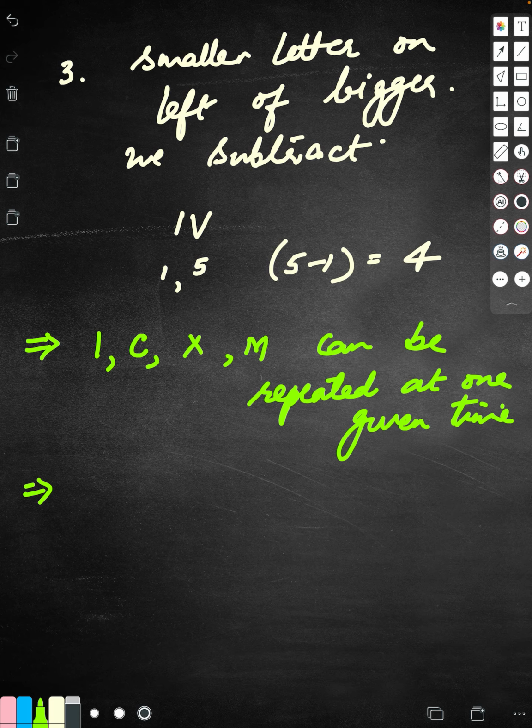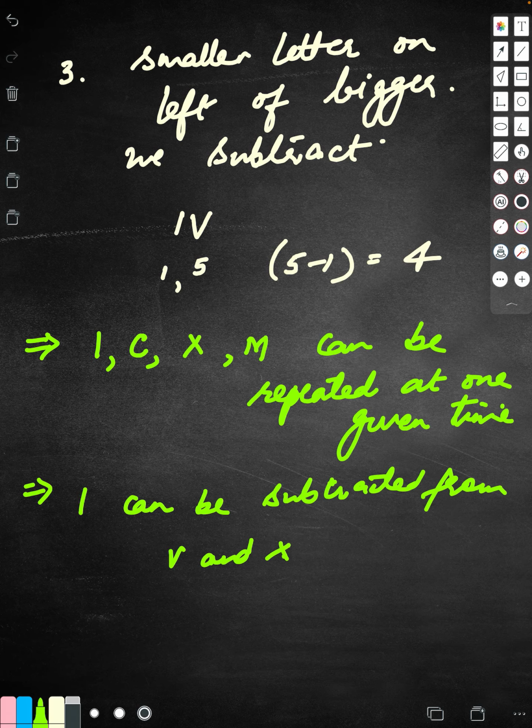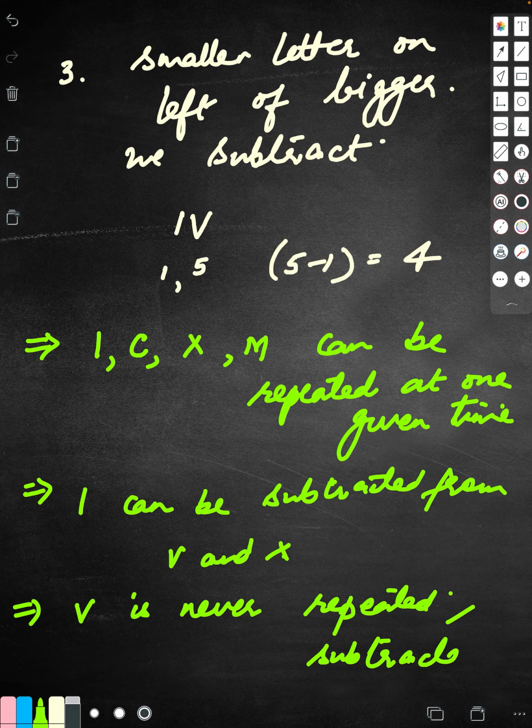Correct? Next, I can be subtracted from only V and X. Symbol V is never repeated and never subtracted.